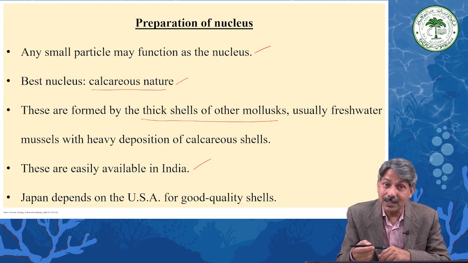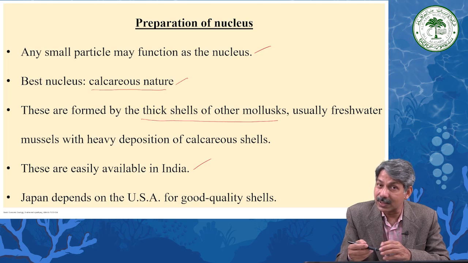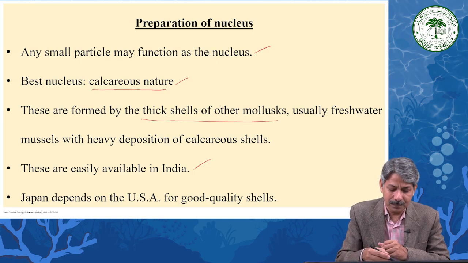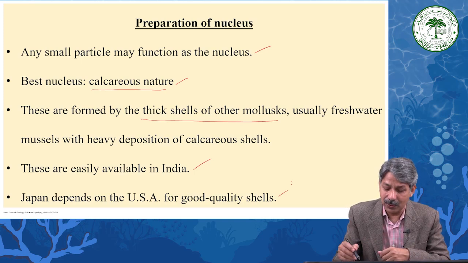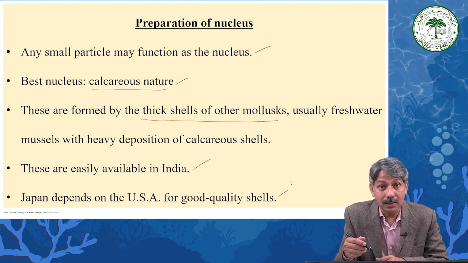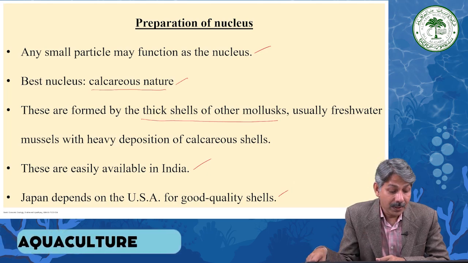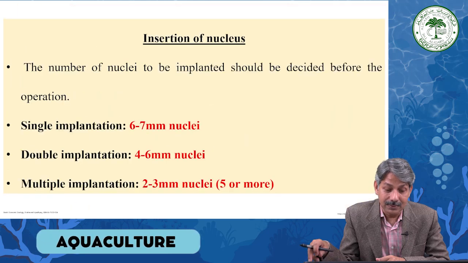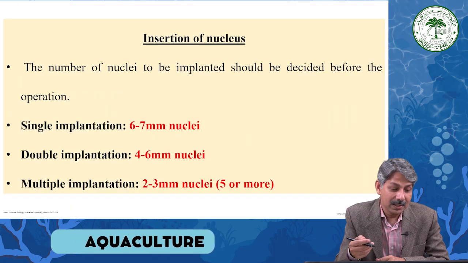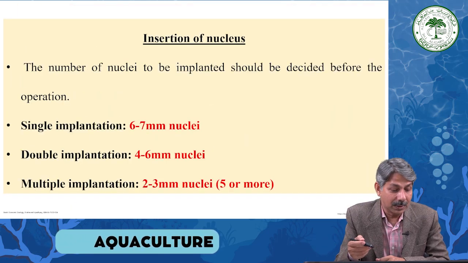Japan, for example, does not have that many freshwater resources that can be utilized for preparing the nucleus. So it depends on other countries like the USA for good quality shells, which is necessary for getting a good quality pearl. But we have, in fact, the resources which we can utilize for the purpose.